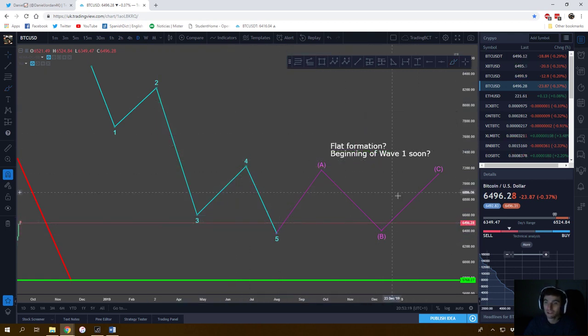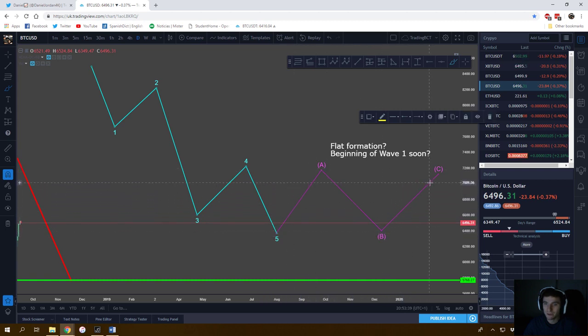And now we move on to our corrective patterns, where we could be getting a zigzag, or a triangle formation, but here we are seeing an Elliott wave A, B, C flat formation, where the price has moved up, and then moved down very evenly.